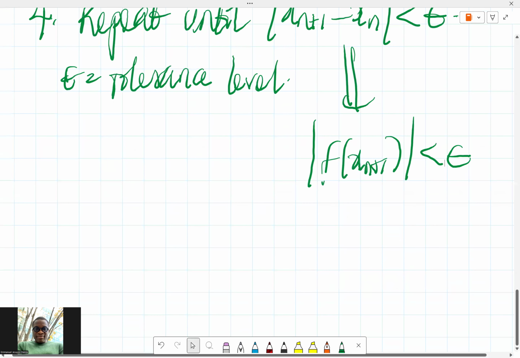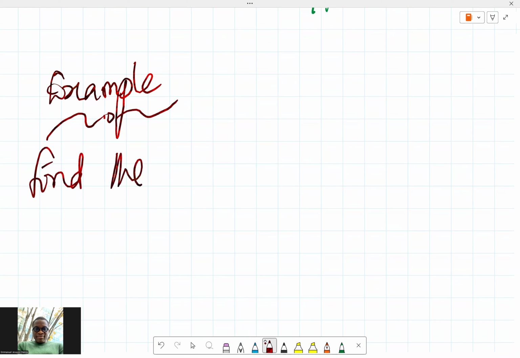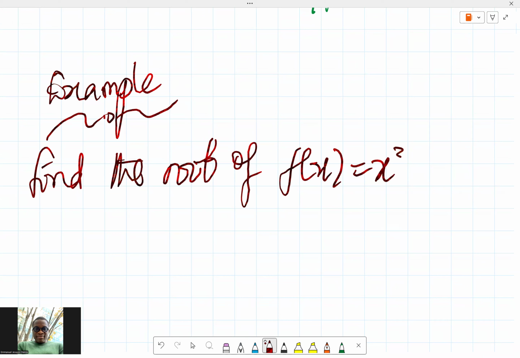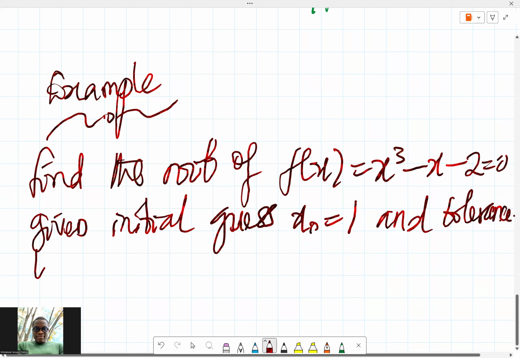Let's take the problem example: find the roots of f of x equals x cubed minus x minus 2 equals 0, given initial guess x naught equals 1, and tolerance limit epsilon equals 0.01, the same tolerance limit.